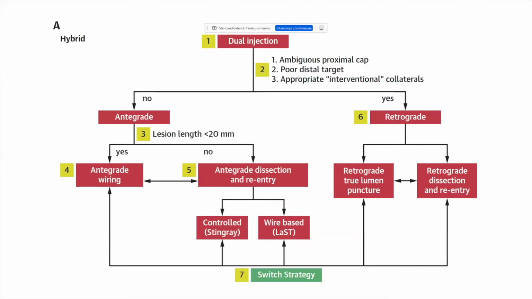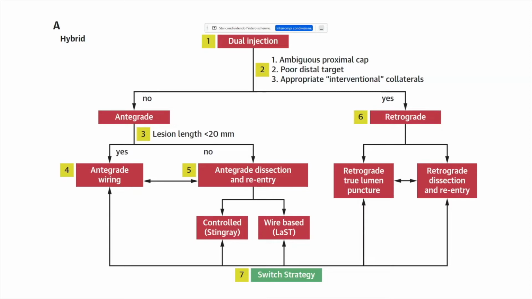In this hybrid algorithm, the first two key points were the dual injection and angiographic review of the dual injection. After this injection, we have to focus on three key characteristics of the CTO anatomy. First of all, the morphology of the proximal cap: if the proximal cap is tapered, blunt, or ambiguous.